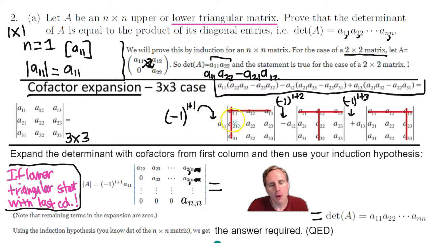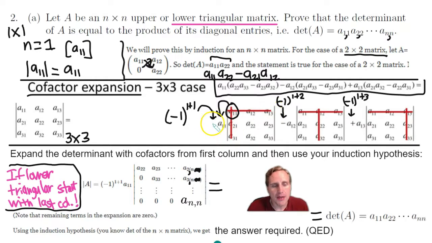Cofactor expansion is basically producing several 2 by 2 determinants, the lower parts of the entire 3 by 3. We start in the upper left-hand corner, that's A11, and then you cross out the column and the row associated with it.